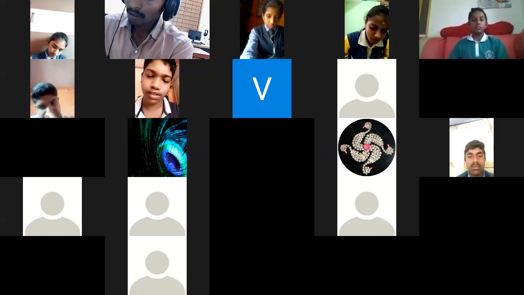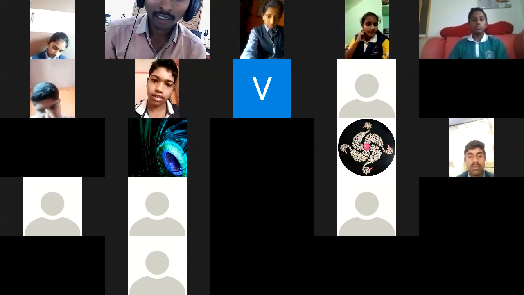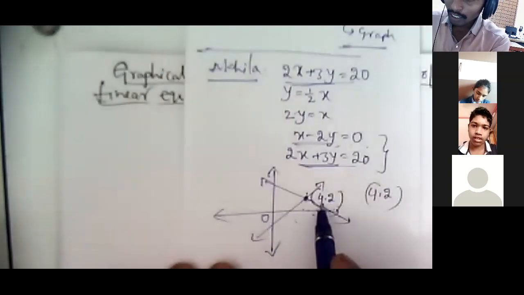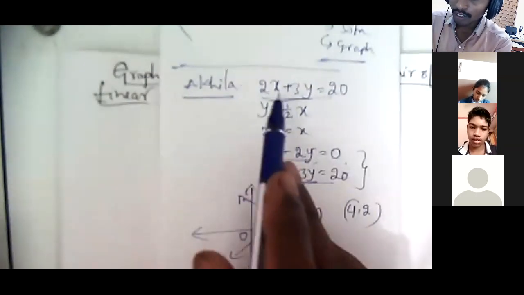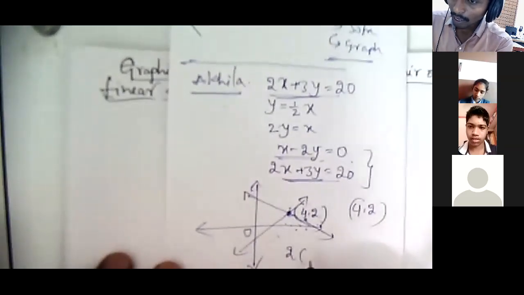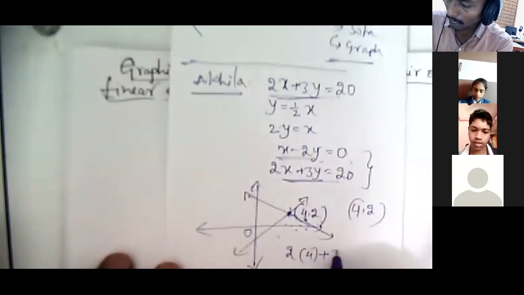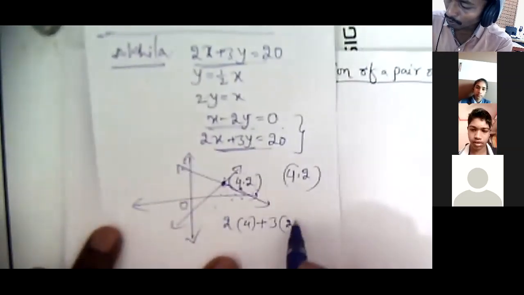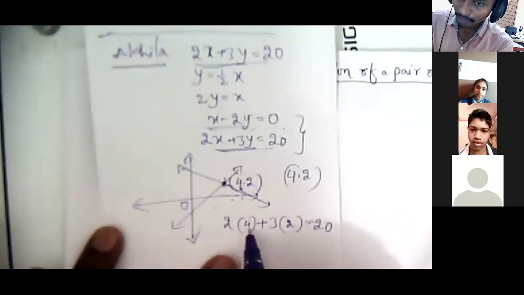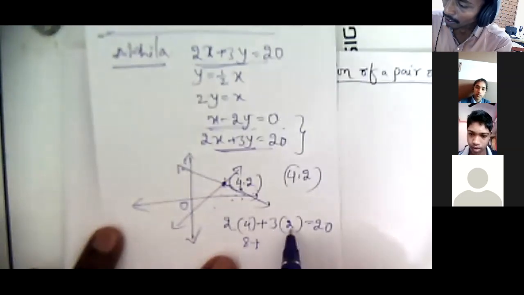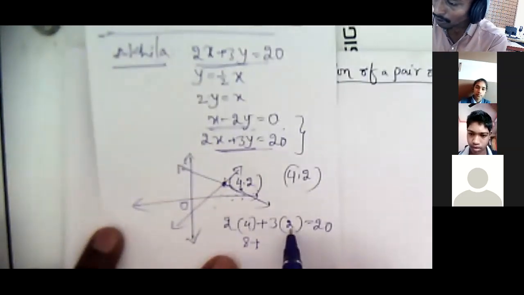See, 4, 2. Therefore, x is equal to 4, y is equal to 2. Substitute in this equation. Therefore, 2 into the x value, which is 4, plus 3 into the value of y, which is 2, is equal to 20. 4 twos are 8 plus 3 twos are 6, not 20.